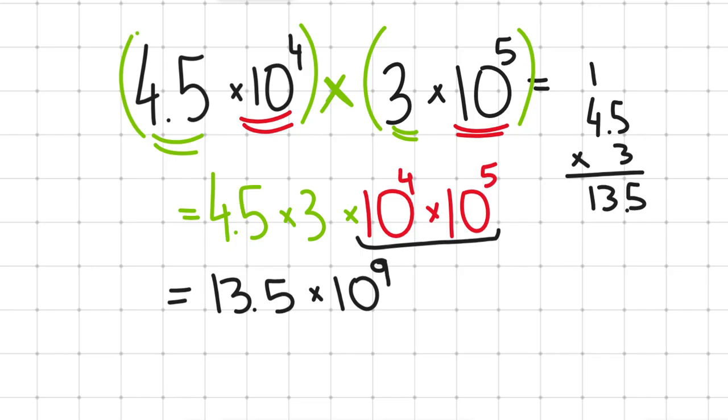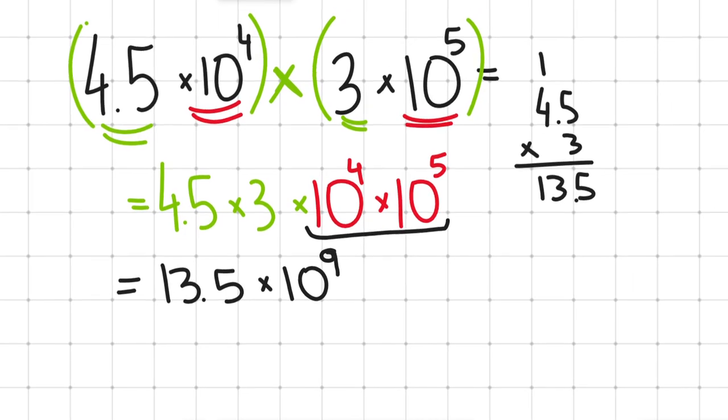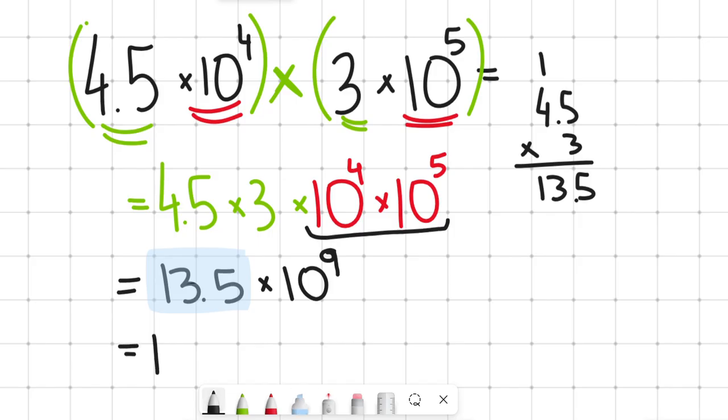If you said that the number is not in scientific notation, then you are right. Because what we have here is 13.5, and we know that our definition says the number has to be between 1 and 10. So, because it's 13.5, we can write it by moving the point once.